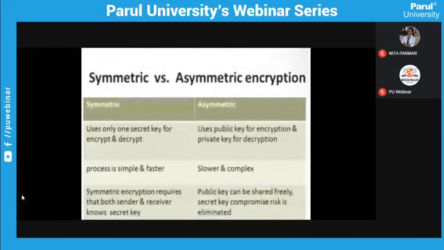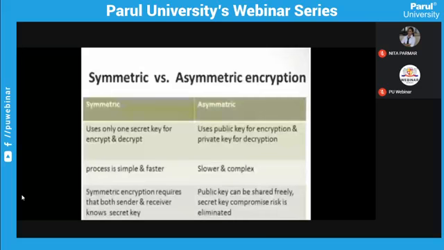So symmetric encryption uses only one secret key. For encryption as well as decryption, a single key is used for both processes. While in asymmetric encryption, the concept of two keys is introduced, meaning the public key is used for encryption and the private key is used for decryption, as we saw in the earlier diagram.